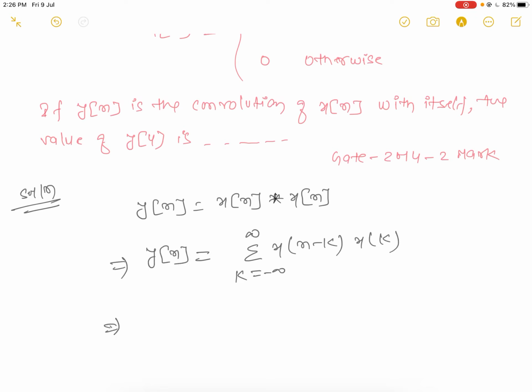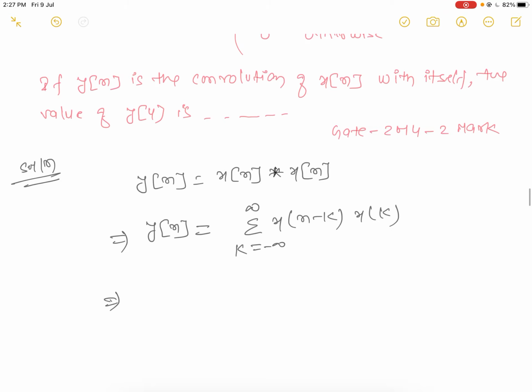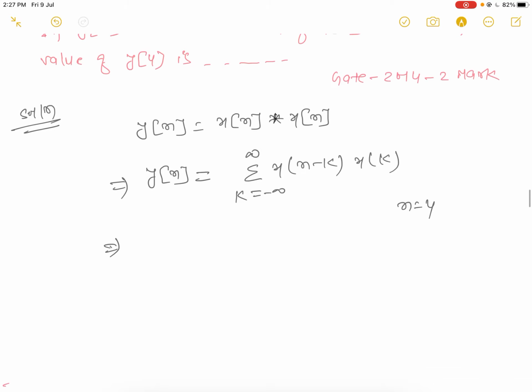Then we have to find y[4], which means the sample value n is equal to 4. We have to put it in the above equation 1. Now put it: y[4] is equal to the sum over k from minus infinity to infinity of x[4 minus k] into x[k].